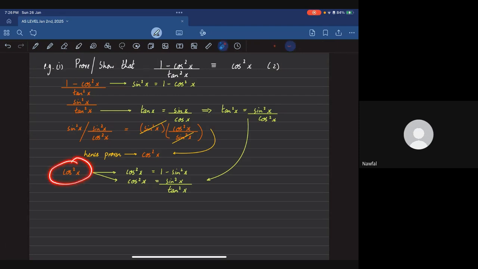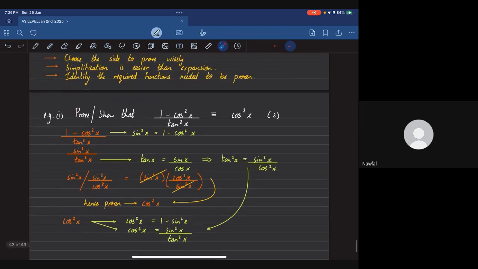Secondly, once you've gotten through with this, you don't know what to convert cos to. You can convert it to either one of them, but how do you know what to convert cos to? You need to look at your required function.